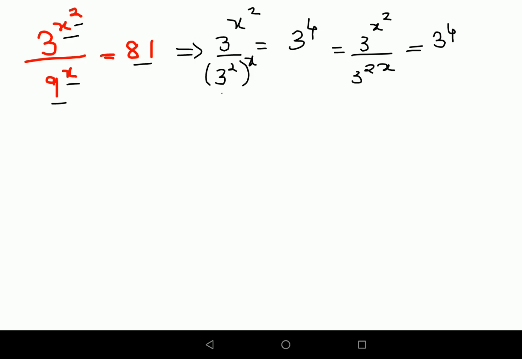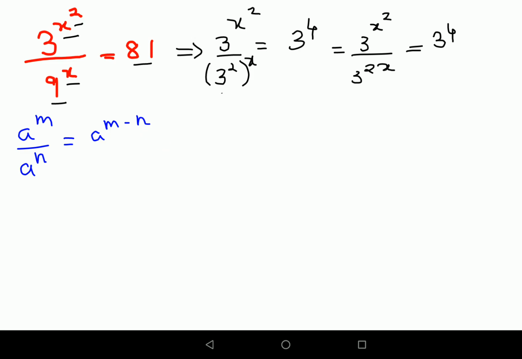Now see here, a raised to m divided by a raised to n can be written as a raised to m minus n.